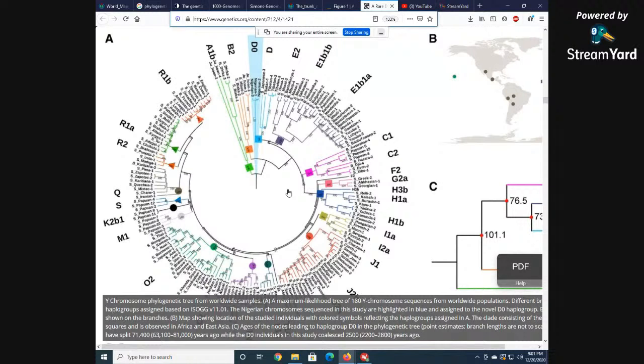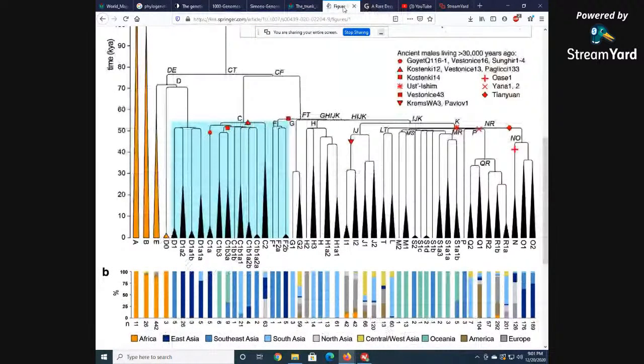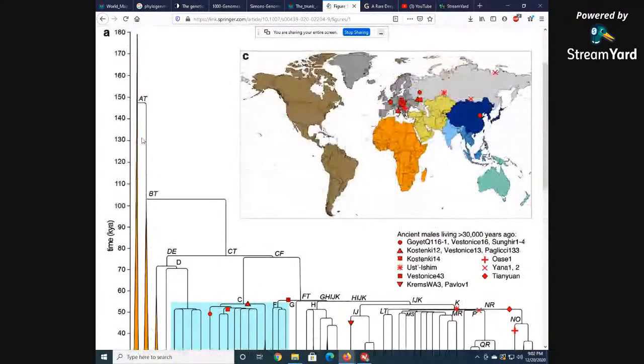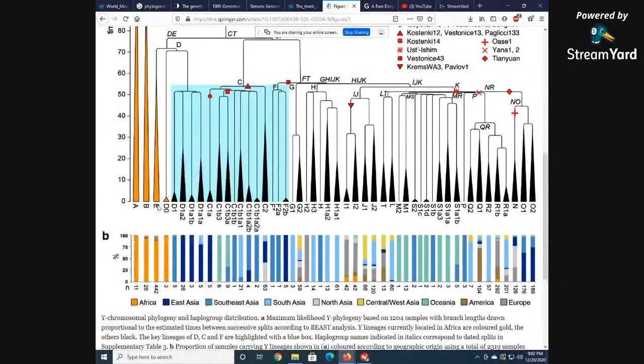never went to Africa. And the D seems to have gone to Africa at a later date, although this is Nigerian. That's pretty deep into Africa. But even so, it's showing here that it doesn't go far back into time, as compared with the rest of the sub-Saharan Africans, the A, the B, the E. And of course, the E3 is not all sub-Saharan African anyway, but it doesn't show.